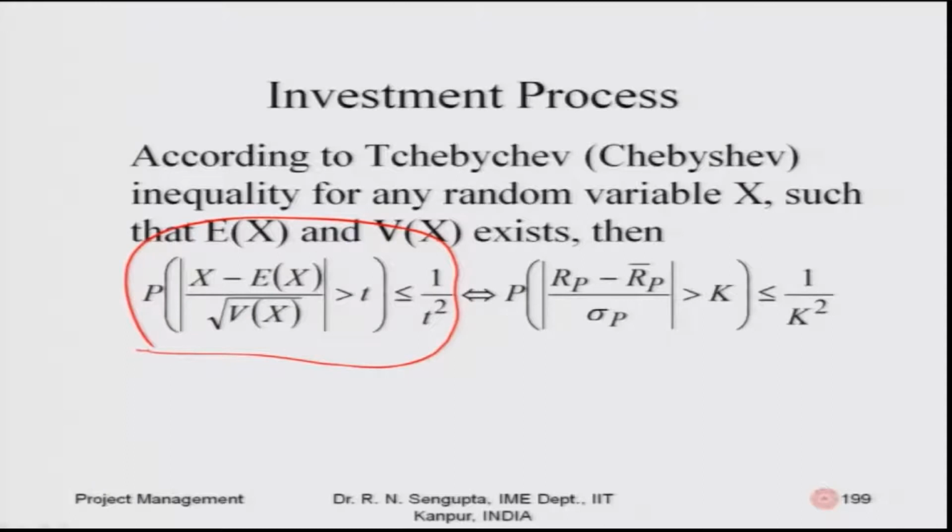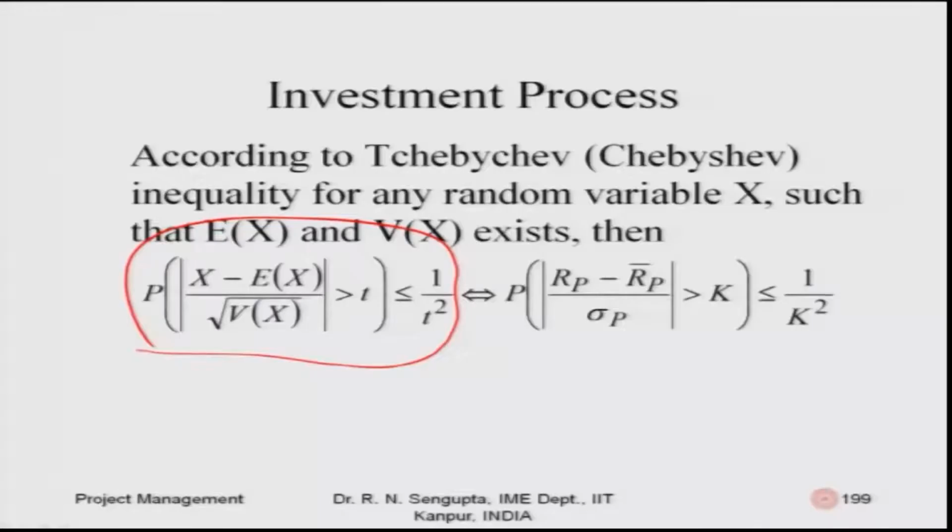What we are doing in this problem is trying to convert Chebyshev's inequality into the concept of a portfolio decision making process, where rather than taking t, we take the value of k. If you note down here, in the initial case we considered RL as the cutoff, or RF as an equivalence to RL.